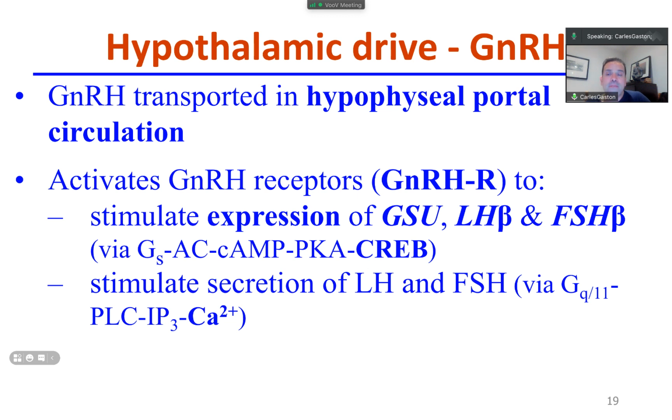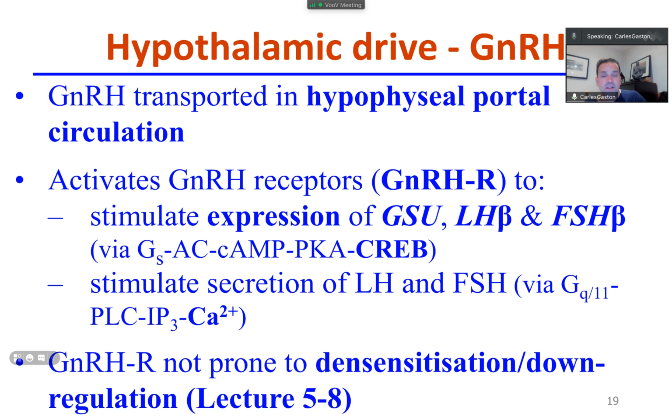This happens via a G-coupled receptor, activation of cyclic AMP, PKA, and CREB. And it stimulates the secretion of LH and FSH of the gonadotroph cell type in the anterior pituitary.